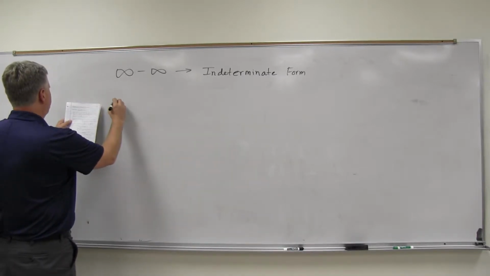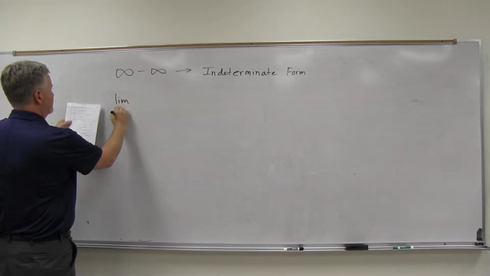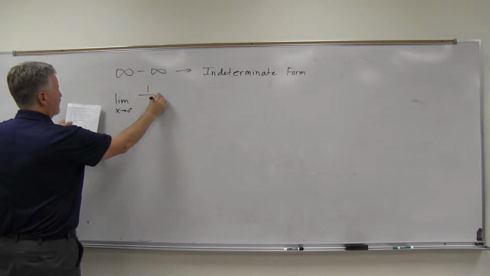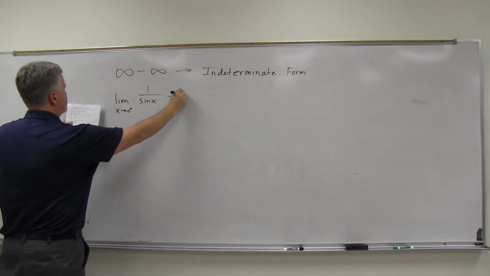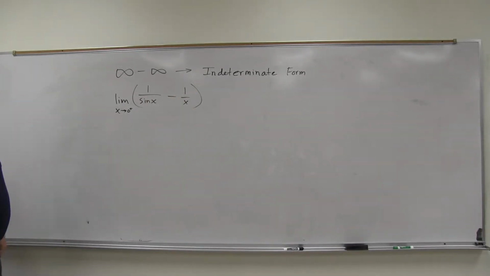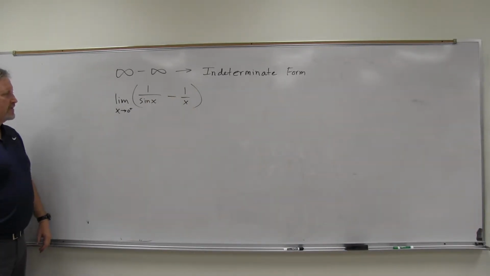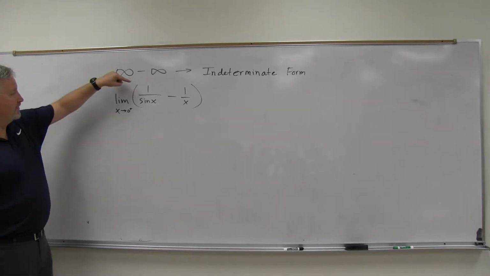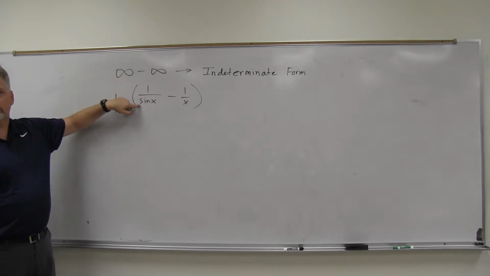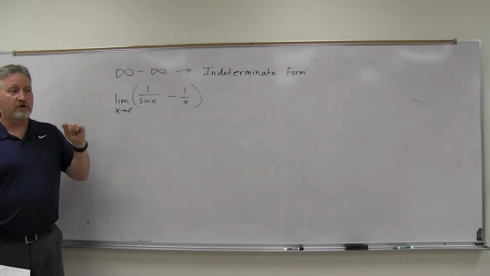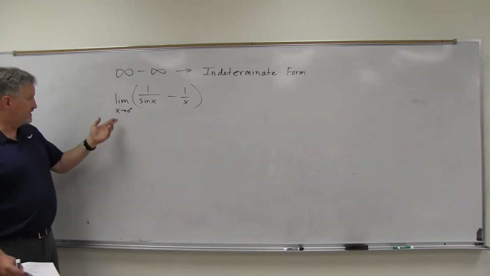A couple of examples of what we can do here. All right, so again, let's do the limit as x approaches 0 from the right of 1 over sine of x minus 1 over x. Individually, we've got 1 over sine of 0, that's 1 over 0, and we mentioned that earlier. 1 over 0 can either go to infinity or minus infinity.